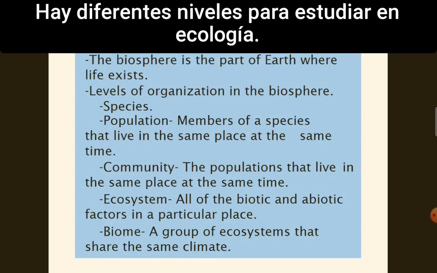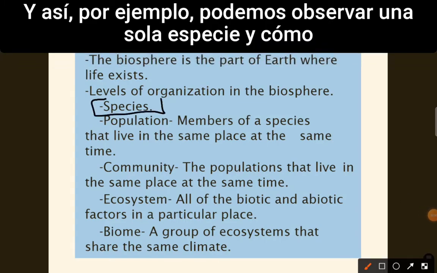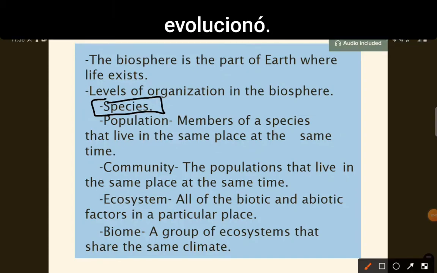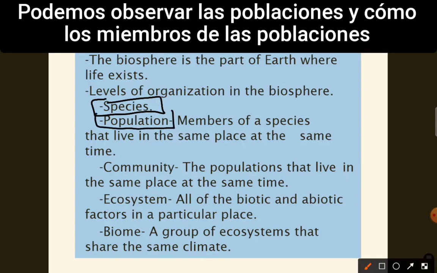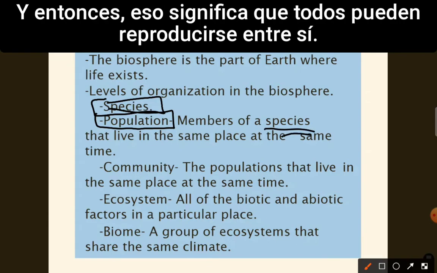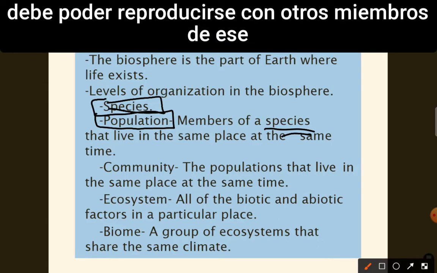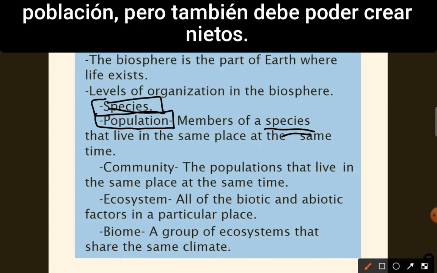There are different levels to study in ecology. And so, for example, we can look at a single species and how it evolved. We can look at populations and how members of populations interact. So populations are all one species, and so that means that they can all reproduce with each other. To be a member of a population, you must be able to reproduce with other members of that population.